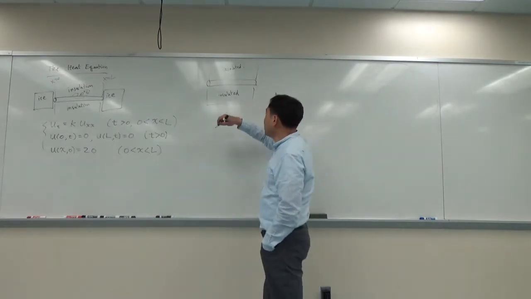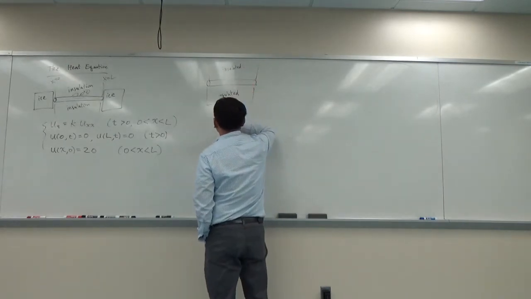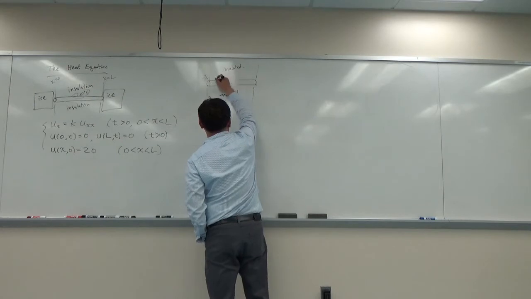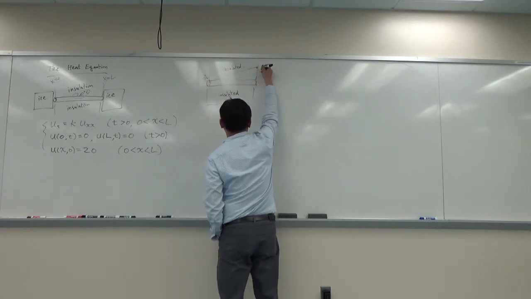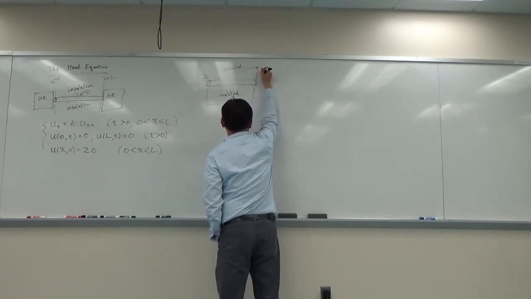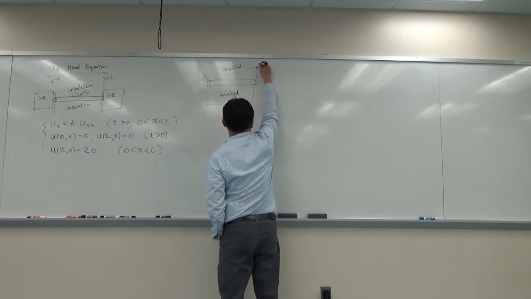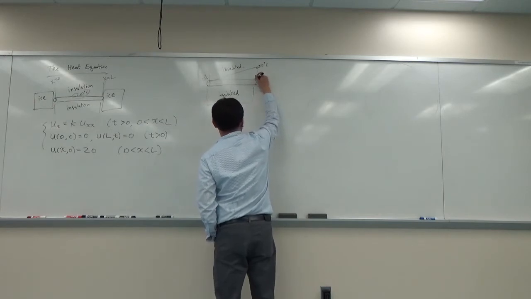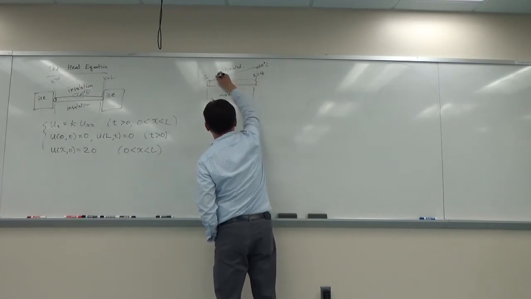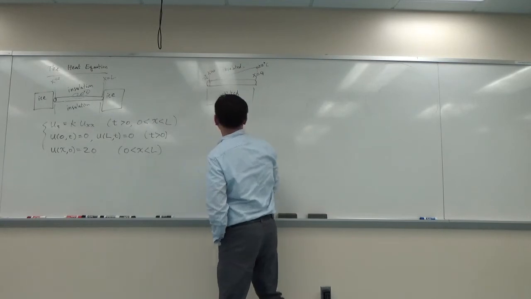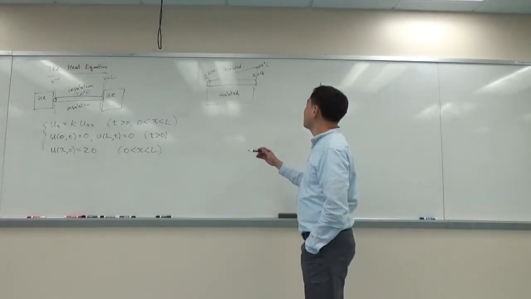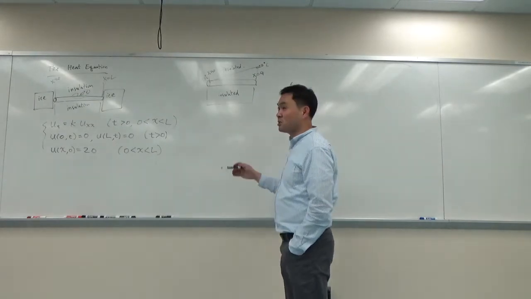And let's say that the initial temperature is 0 degrees here, but then over here, 20 degrees. And we'll just have this endpoint as x equals 4, and x equals 0. So I'm actually using more concrete numbers just so that we can solve it easily.